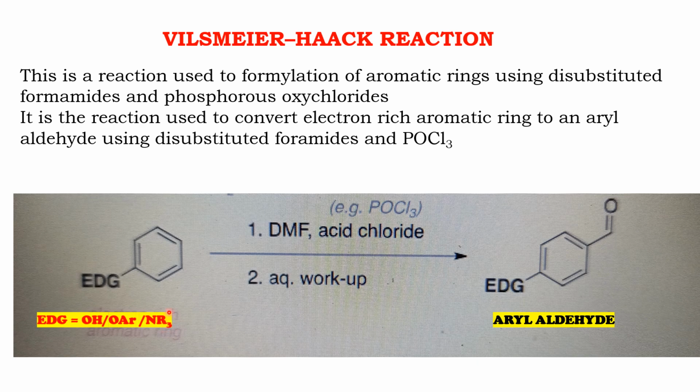I am treating it with dimethyl formamide in presence of an acid chloride, that is POCl3, so that this reaction undergoes formylation, and a CHO group is introduced here. So we are getting an aryl aldehyde. This reaction is called Vilsmeier-Haack reaction. Take down clearly and carefully.